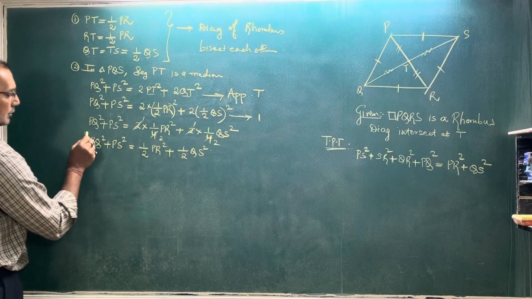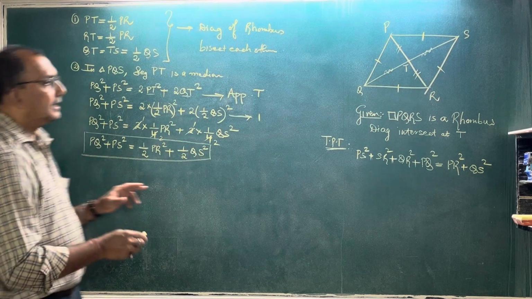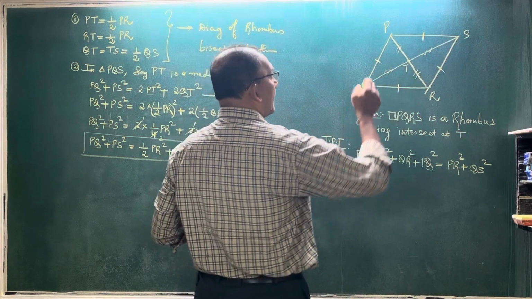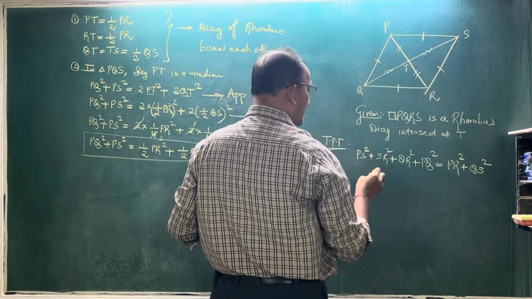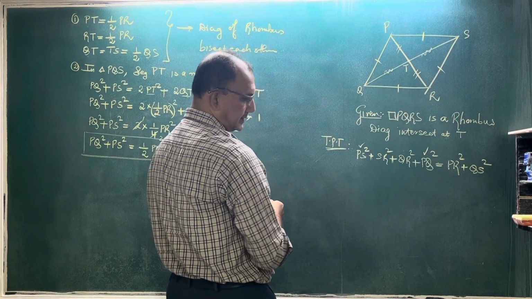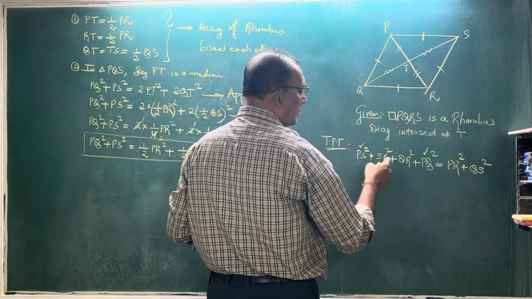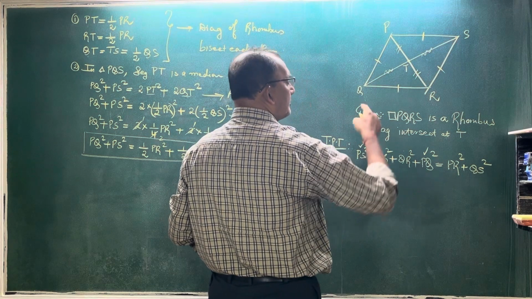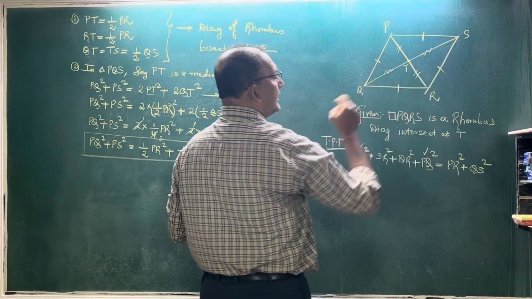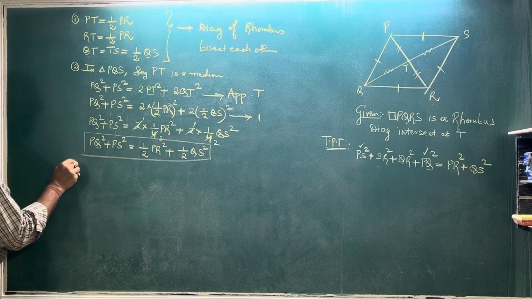Now this is what I've got by applying Apollonius in triangle PQS. So if you see, I've got PQ square plus PS square, which is part of what we have to prove. Now something else is left, QR square plus SR square. That means in triangle QRS down below here, I have to again apply Apollonius. So what I will write here is point number 3.